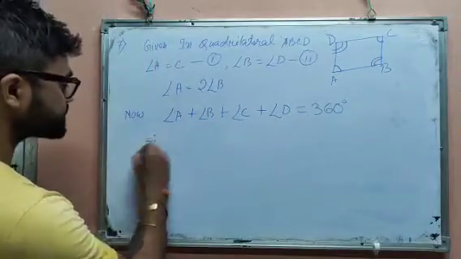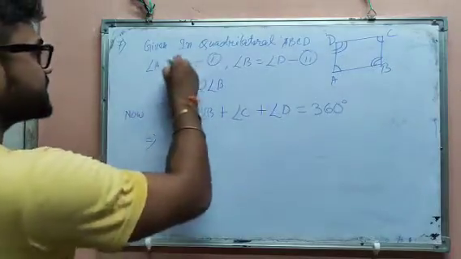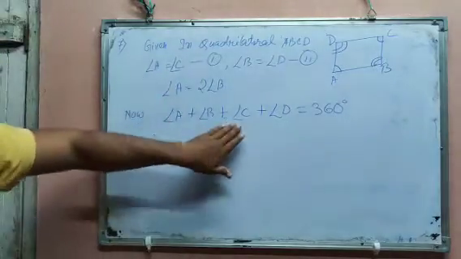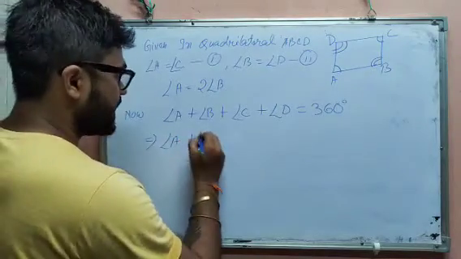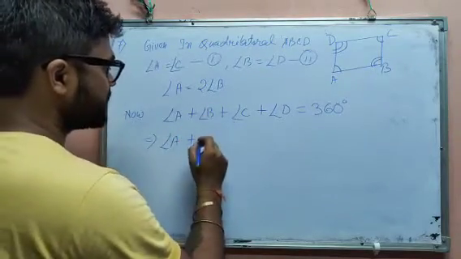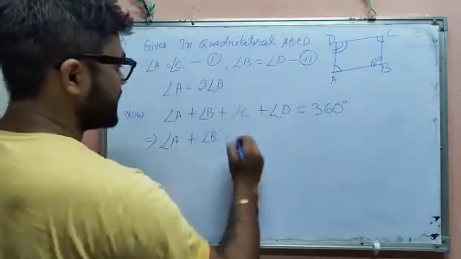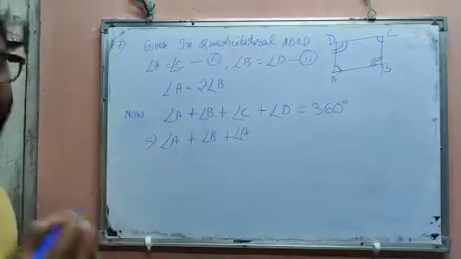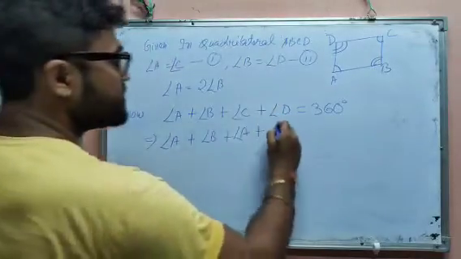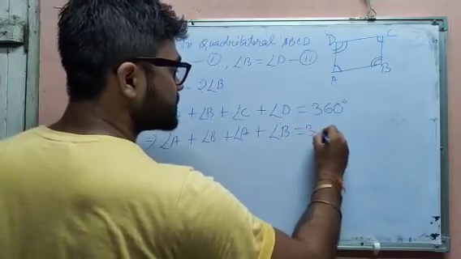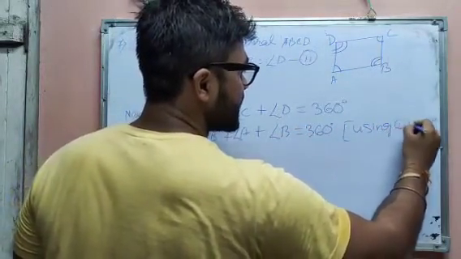Now this angle A is equal to angle C. So in place of C you can put angle A. So angle A will be A and angle B, this will be also B. But in place of C we can put angle A, and in place of D we can put angle B, equal to 360 degree, and you have to write using 1 and 2.